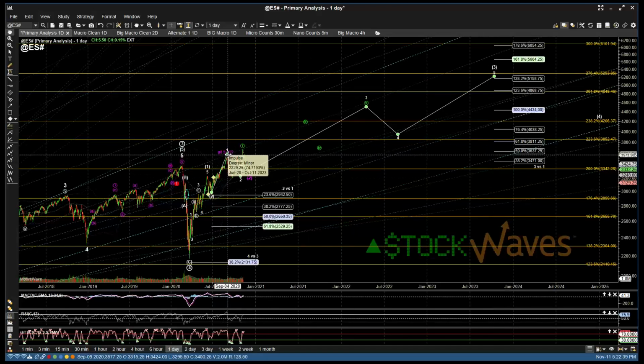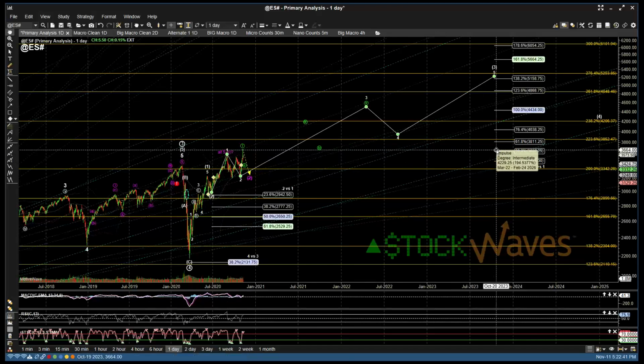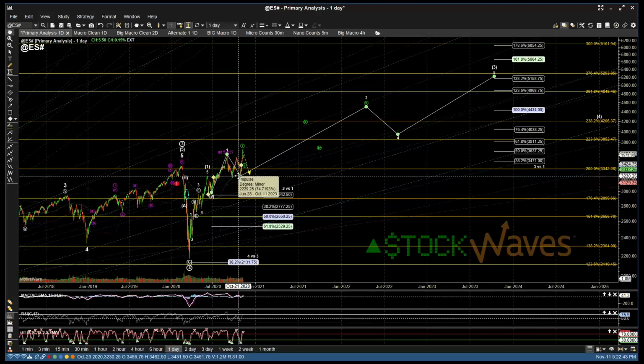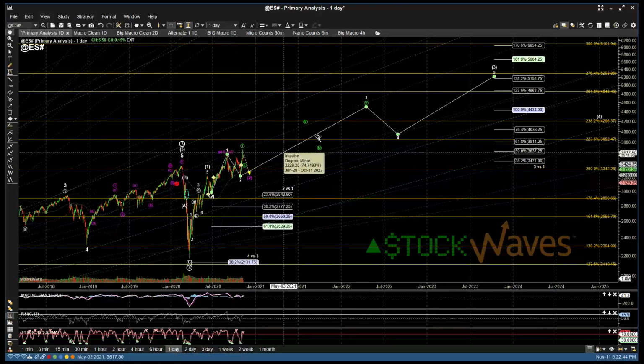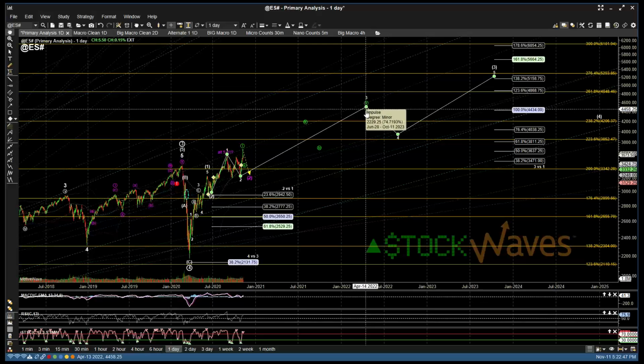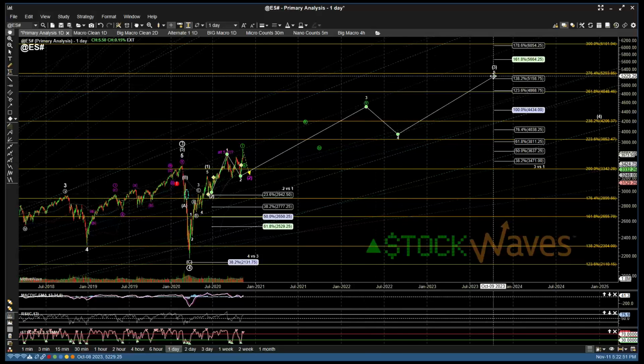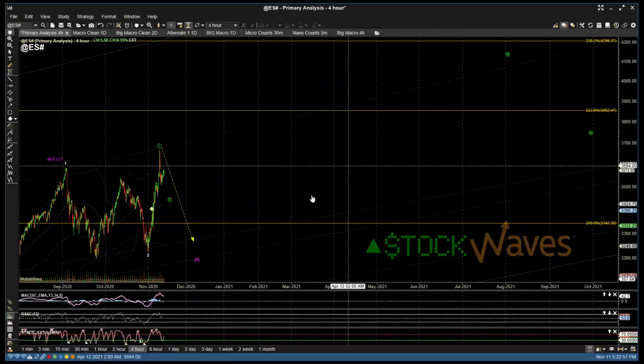And we can see this wave 1 came just shy of the 50, and then we have a nice corrective consolidation. And then our third of third should target the 100% extension, and then the 5 of third should target the 1382. And then we can do the same thing again inside.